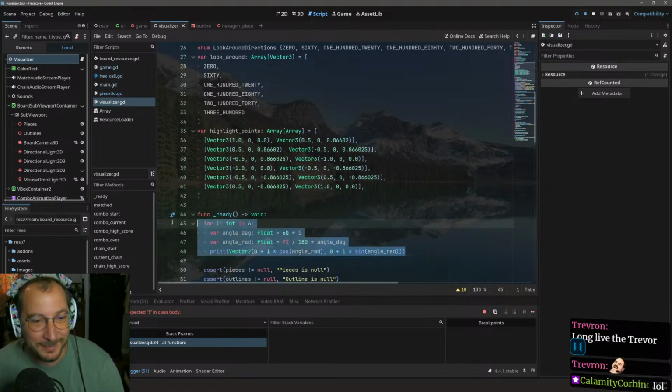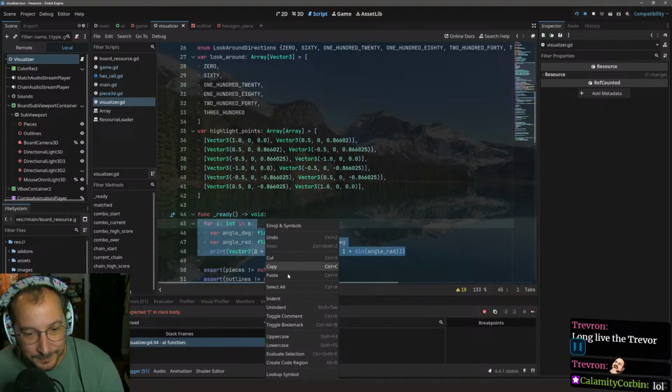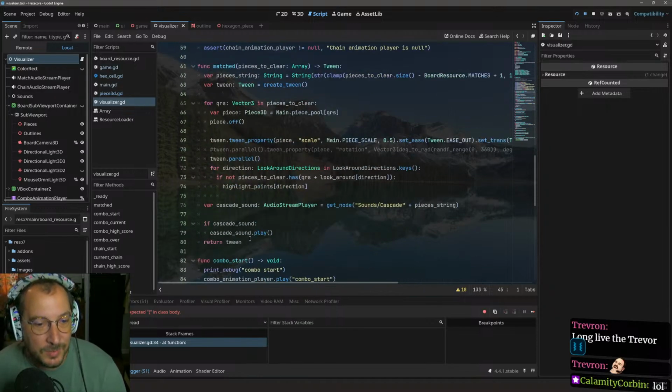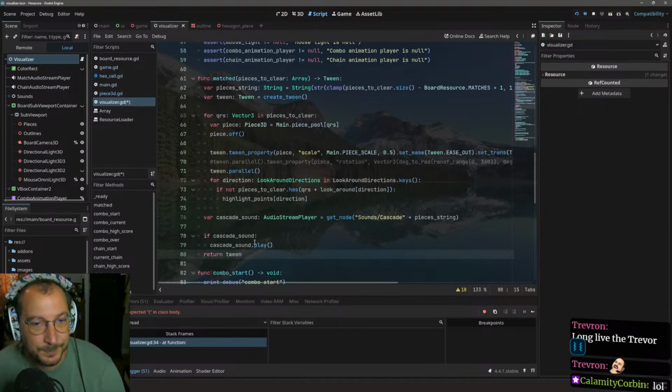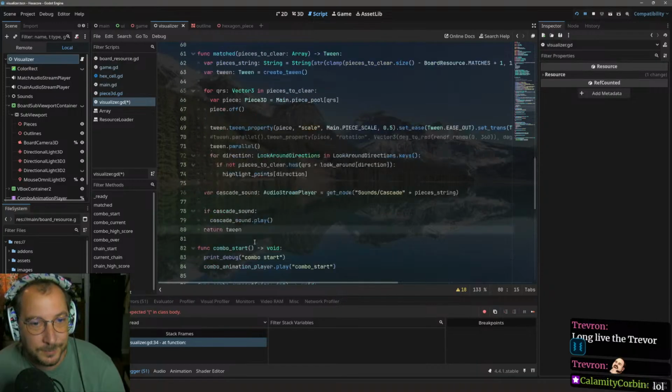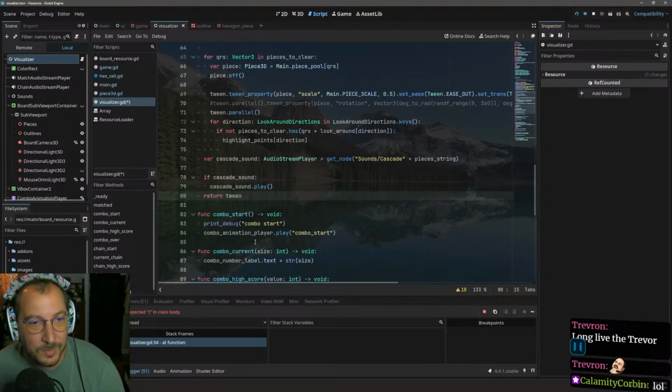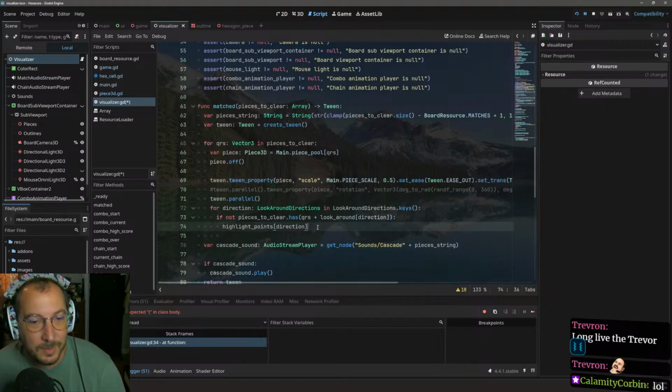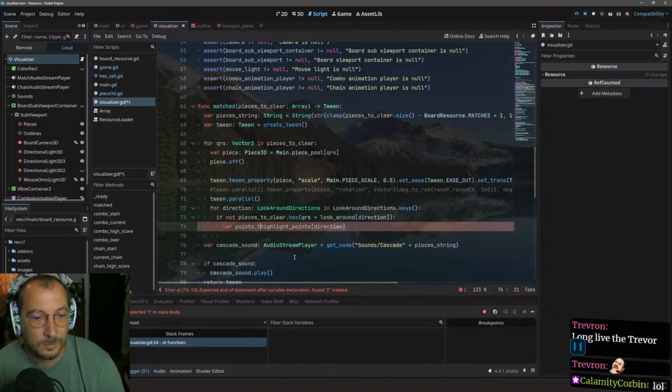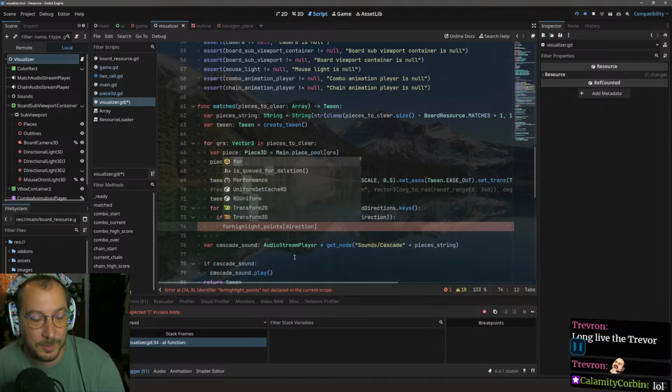Oh man. Okay, so we're going to comment this out for now. And then what we do is, where are we doing this? Here we are. So this is the array, right? Points to highlight. We don't even need to do that. So now we do another for loop.